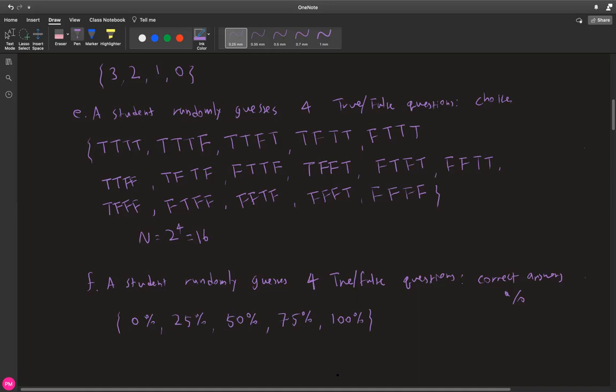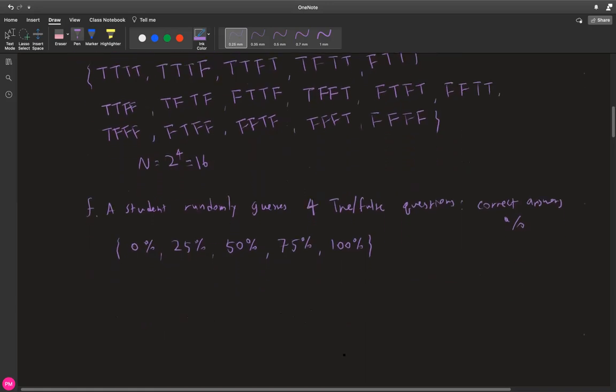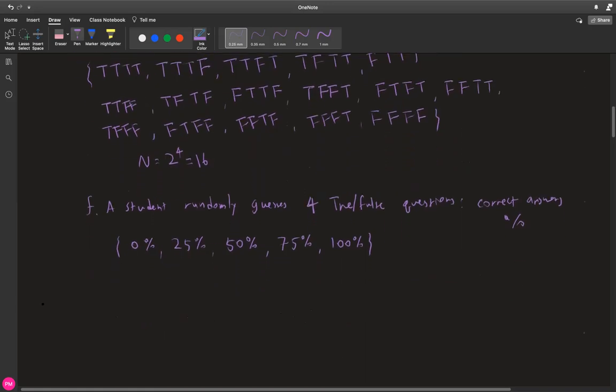I think that was pretty straightforward, and I think that was enough example for sample space. Now let's go over different examples for the events. So let's look at the events.